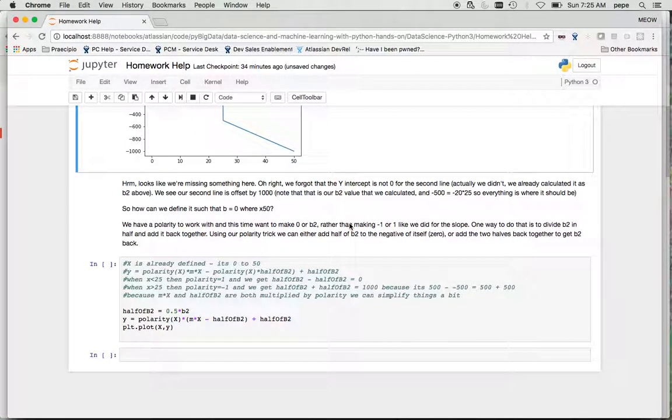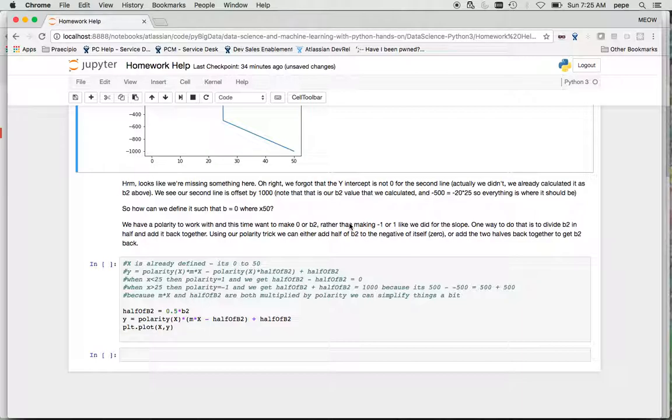So how are we going to do that? The way that I came up with to do it into a simple function was to take our offset and manipulate that so that if we are less than 25, we can use our polarity variable to take half of B2 and subtract it from the other half of B2 and get 0.